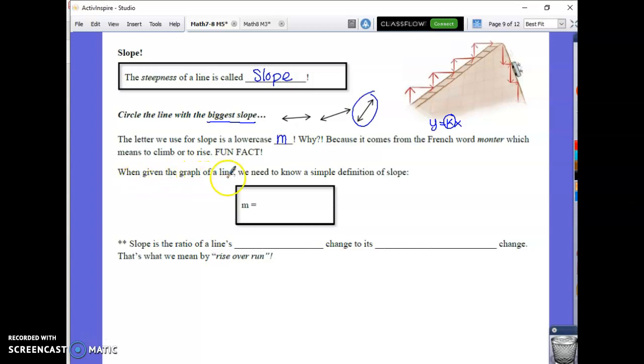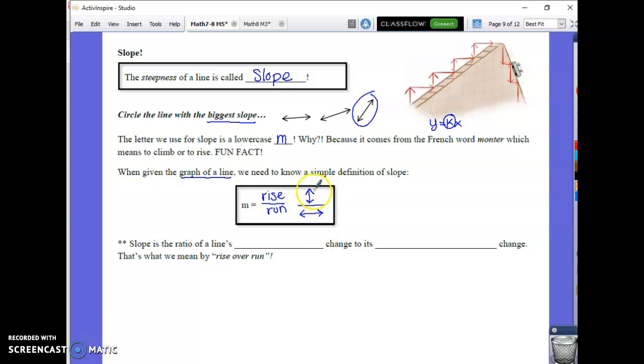When given the graph of a line, we need to know a simple definition of slope. If we have slope m, we find rise over run, which will give us the slope of a graph of a line. What I mean by rise over run is you're going to figure out how far you go up or down to get from point A to point B, and how far you go side to side.